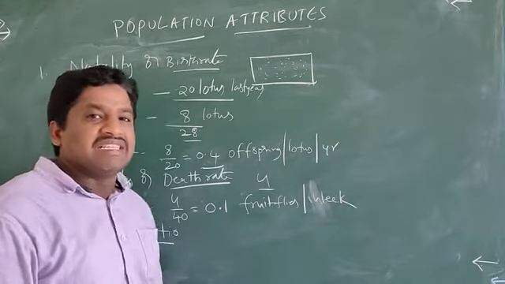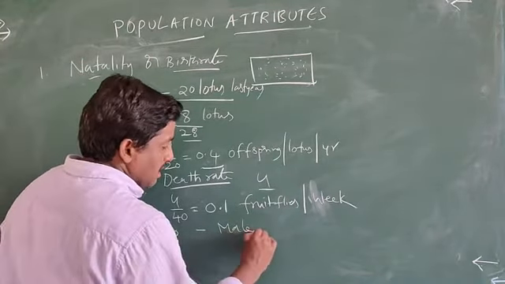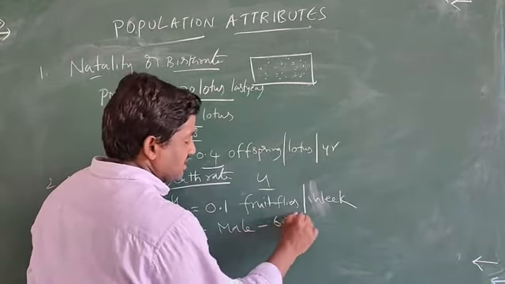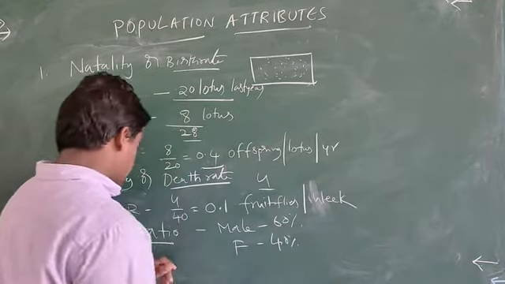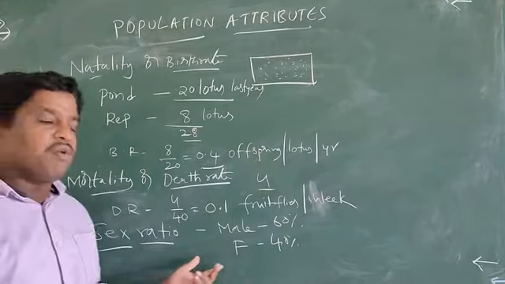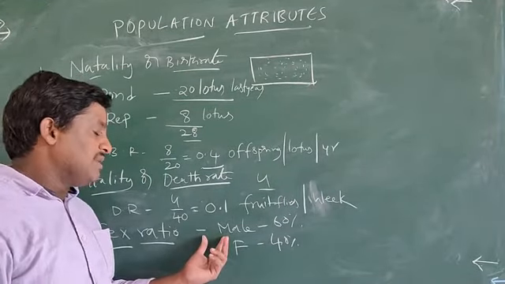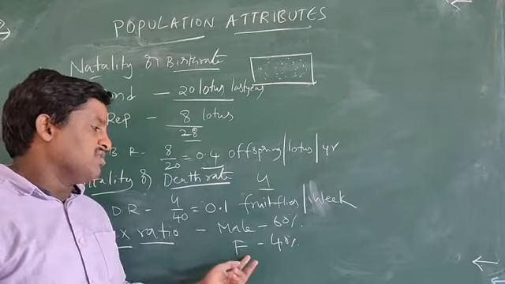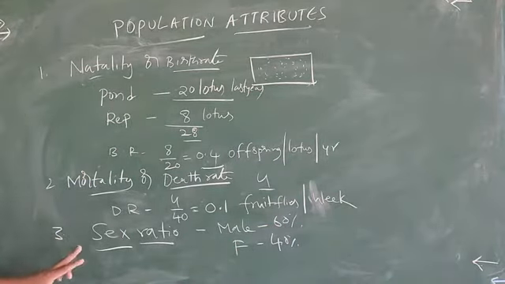Suppose, for example, males are 60% present in the population and females are 40% present. The ratio between the male and female we call the sex ratio. If your male percentage is 60, the remaining 40 is the females. Okay, so these are the three attributes.